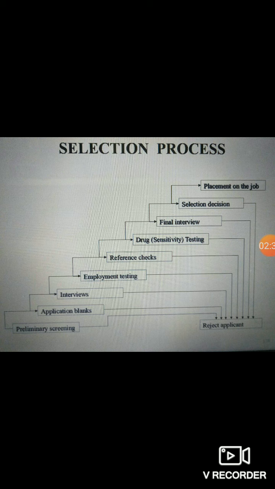Now after resume scanning, there are a number of possibilities for huge rejection. At least 20% of applications can get rejected out of the total received applications. What would cause this 20%?